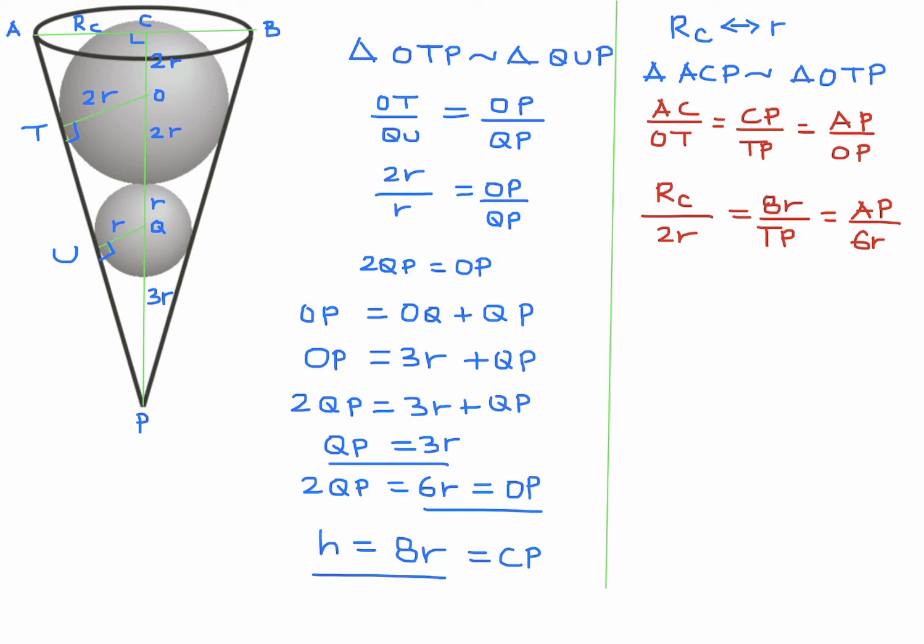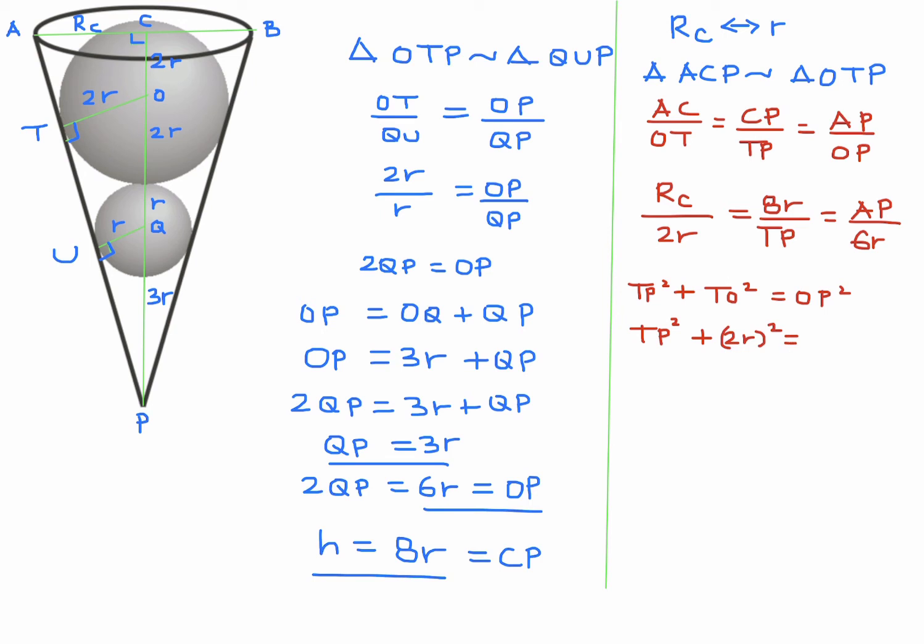However, I'm going to need to know the value of TP in order to really figure this out. And that's not a problem because I can use Pythagoras. I can use Pythagoras on that triangle right there to figure out TP. So TP squared plus TO squared is equal to OP squared. So that means TP squared plus TO, what is that, 2R squared is equal to OP squared.